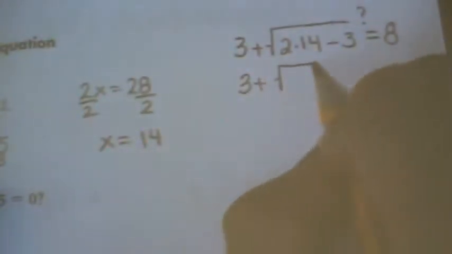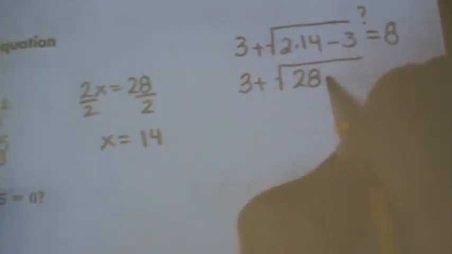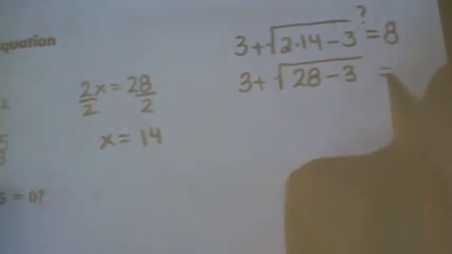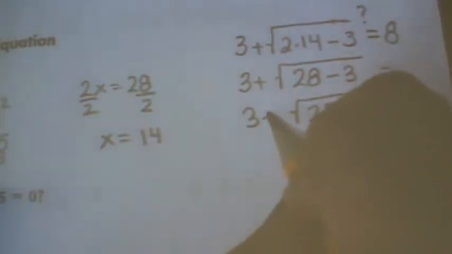This is what we're doing. Does this side equal 8? Okay, so 2 times 14 is 28. What's 28 minus 3? 25. What's the square root of 25?